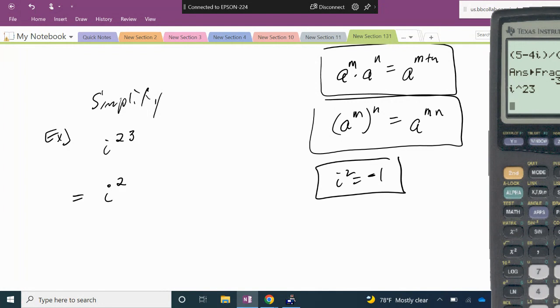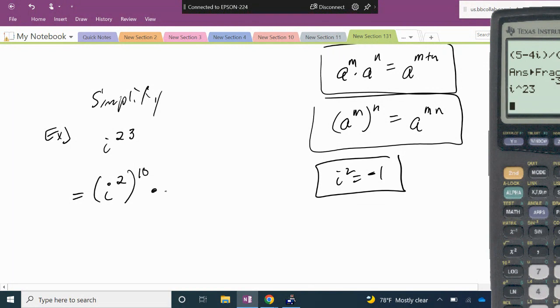So if I have i squared, and I were to raise that to the 10th power, I would have i to the 20th power, but I actually need i to the 23rd power. So I'm going to add i to the third.